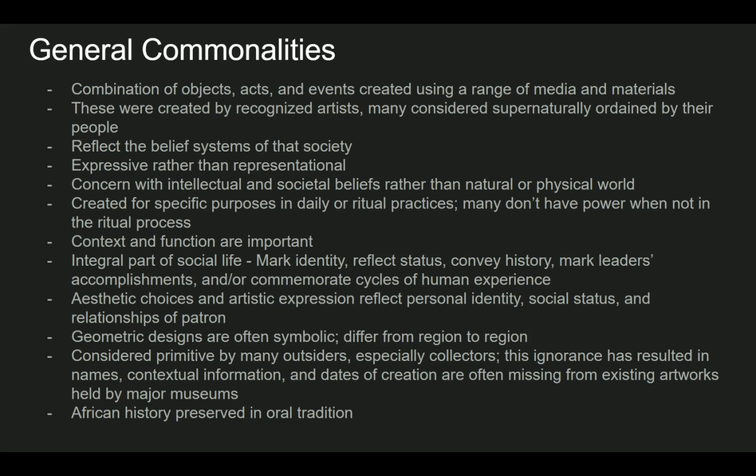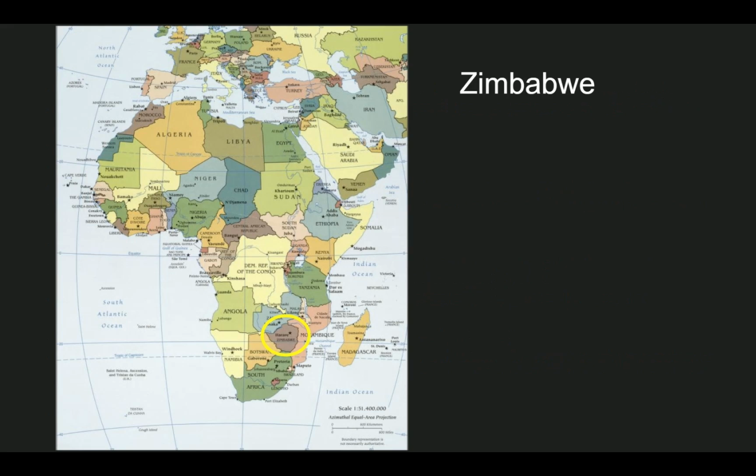The process of creating these artworks is extremely valuable and spiritual. They reflect the belief systems of that society. They're concerned with the intellectual and societal beliefs rather than so much the natural or physical world, and created for specific purposes and daily or ritual practices. Some have this agency and have this power only within these ritual practices.